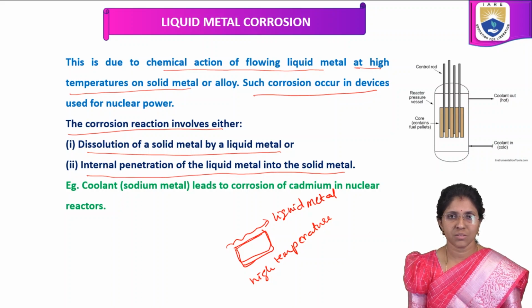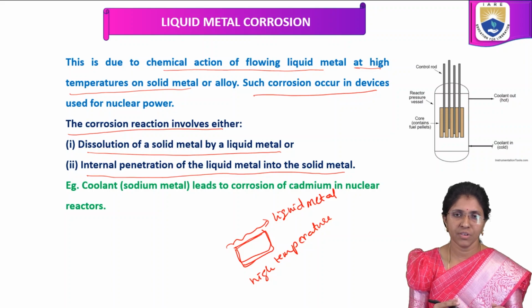In the first, if the solid metal dissolves in the flowing liquid metal, there is a loss of solid metal, so corrosion takes place.